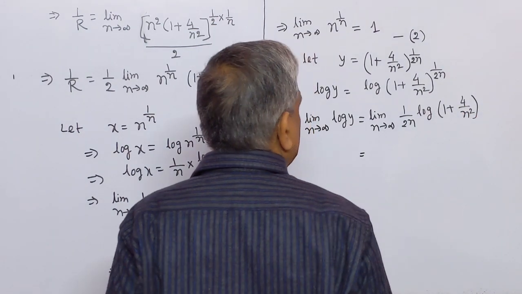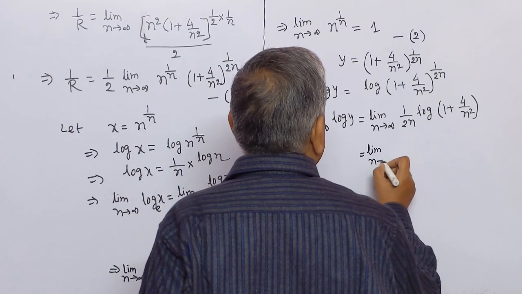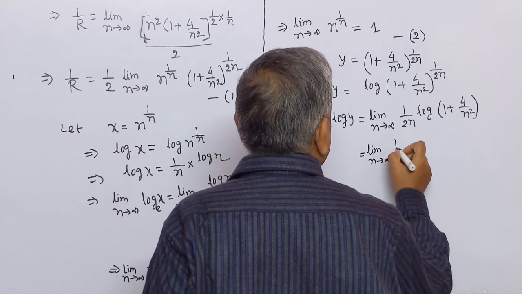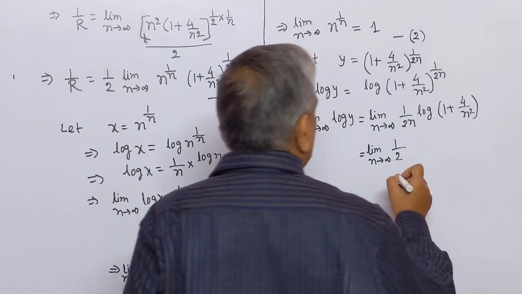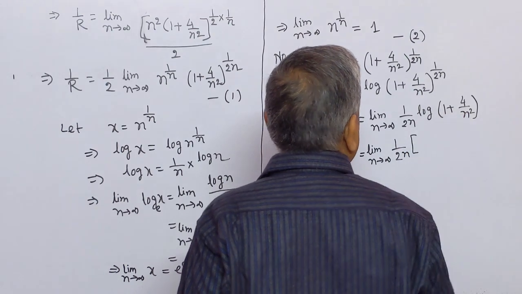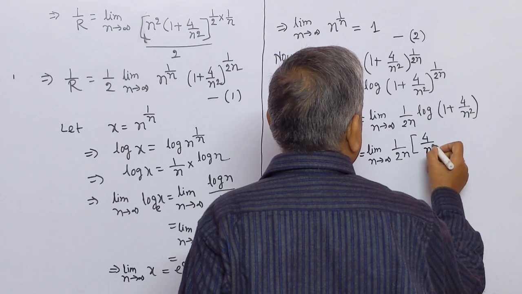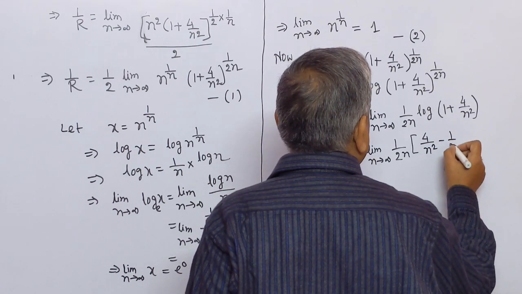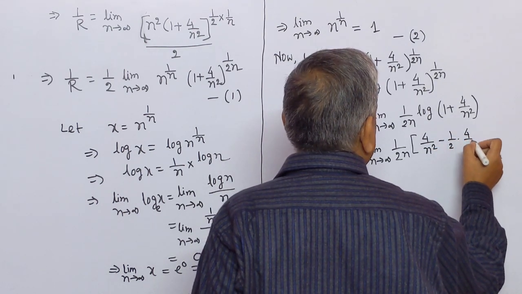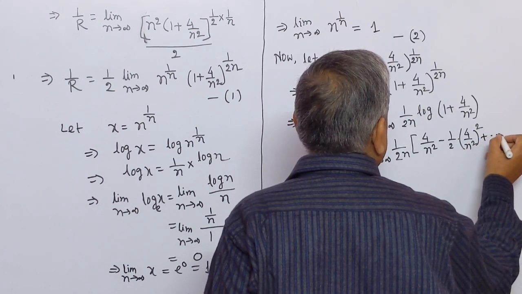This is equal to limit n tends to infinity 1 by 2n, log (1 plus 4 by n square) is 4 by n square minus 1 by 2 (4 by n square) whole square plus dot dot dot.